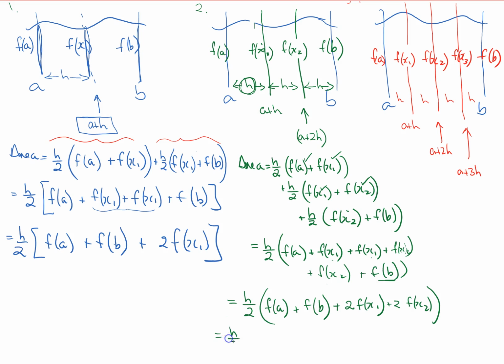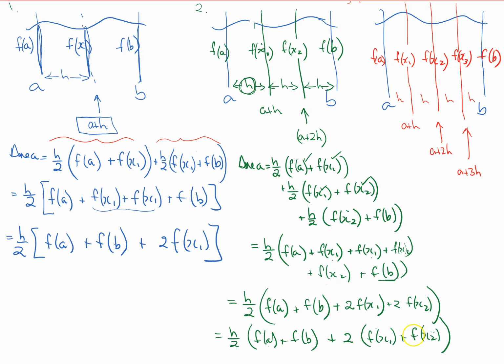So my pattern becomes h on 2, f of a plus f of b, plus 2 lots of f of whatever the x1 value was and the x2 value. Any similarities between this and this? Well, yes, we've got h on 2, f of a, f of b. Here we had 2 times only one x value, whereas here we've got 2 times these 2 values.